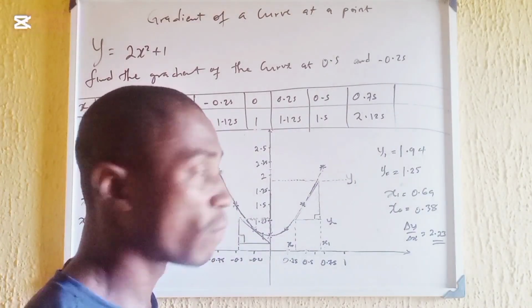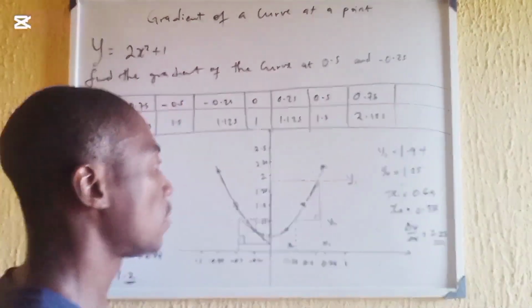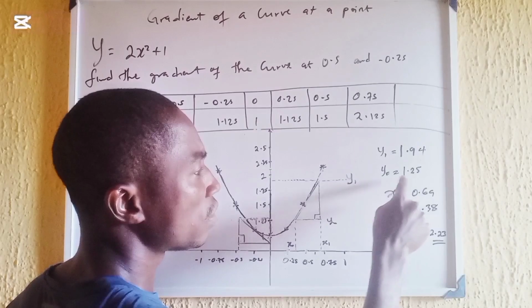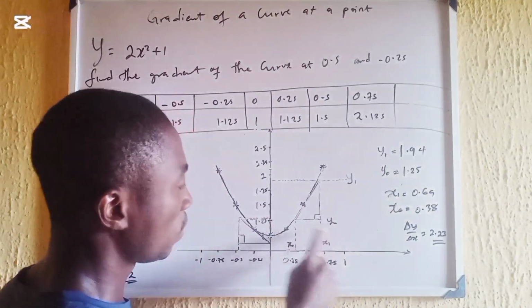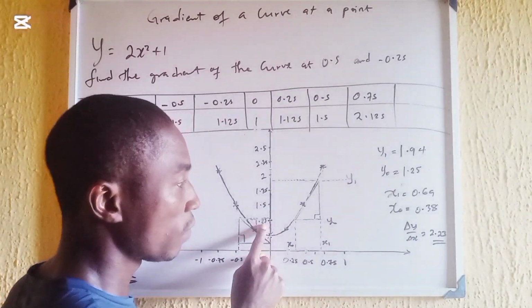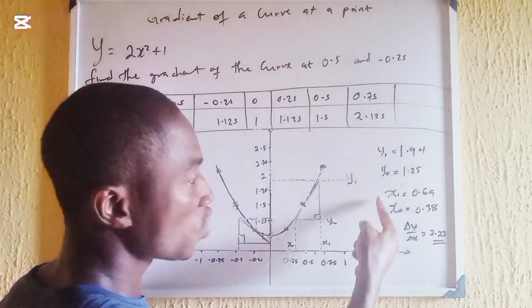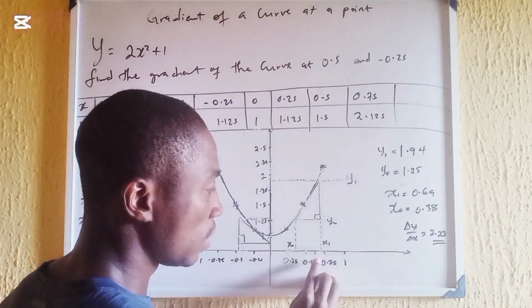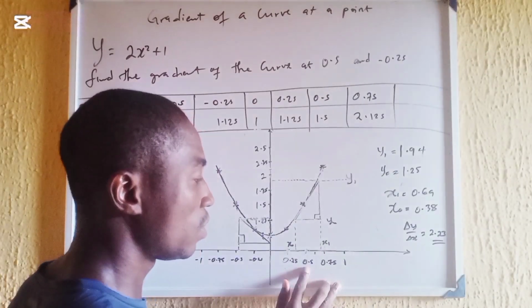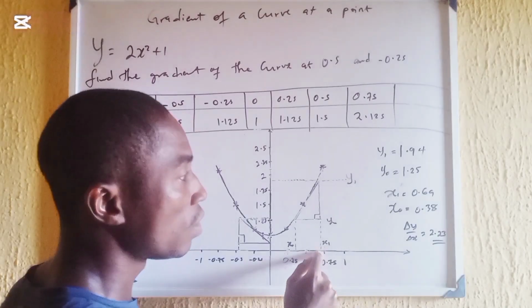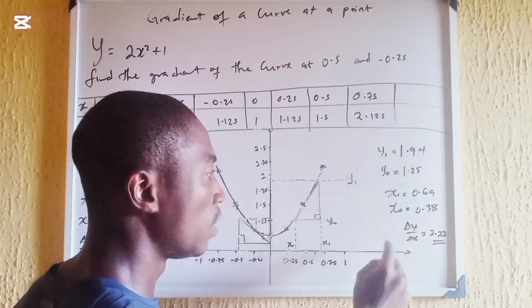You can plot your graph and find out what yours is. Then for my y0, it corresponds to 1.25. So here's my 1.25. Then for x1, what do we have? 0.69. This is 0.75. This is 0.5. So from my estimation, it's approximately 0.69.